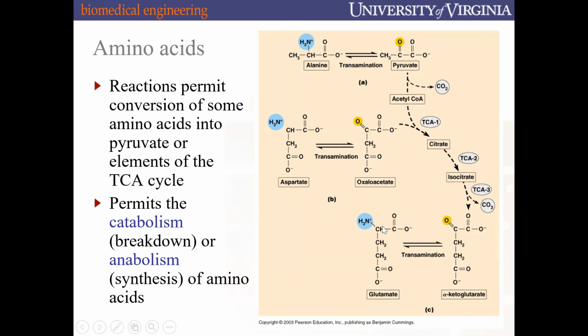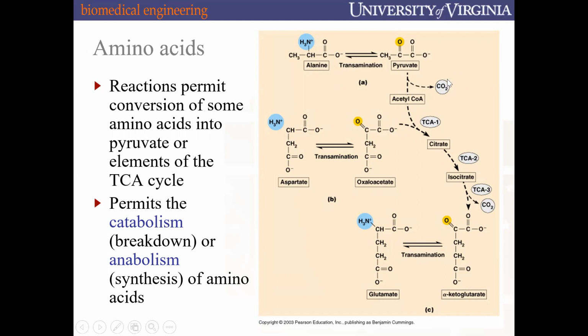What's happening is that through these transamination reactions, so the transfer of an amine in place of a carbonyl or vice versa, they can sort of interchange. So if we had a pyruvate, for example, we could, through a transamination reaction, give us an alanine or vice versa.